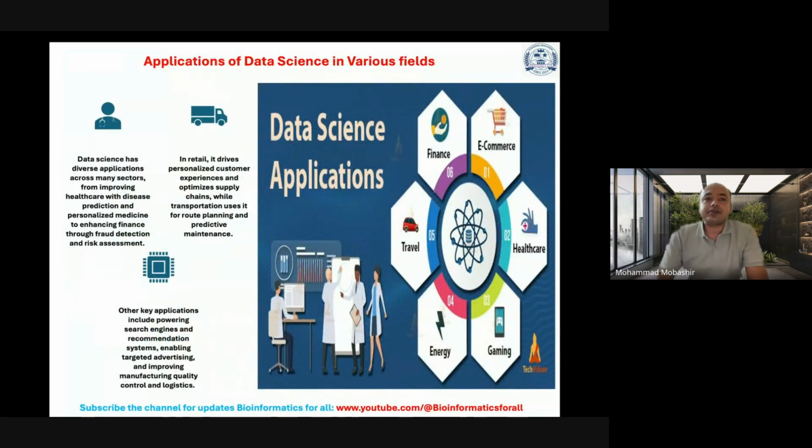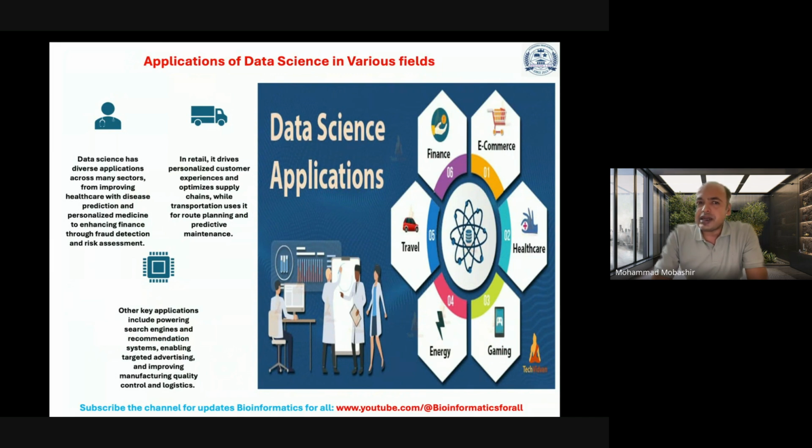So here, the applications of data science in various fields. Basically it has diverse applications across many sectors, from improving healthcare with disease prediction and personalized medicine to enhancing finance through fraud detection and risk assessment.